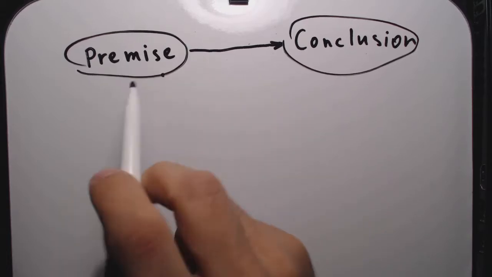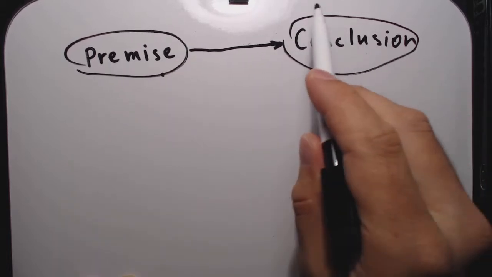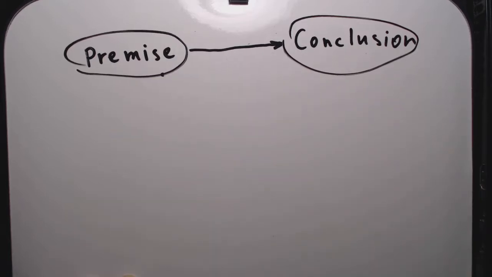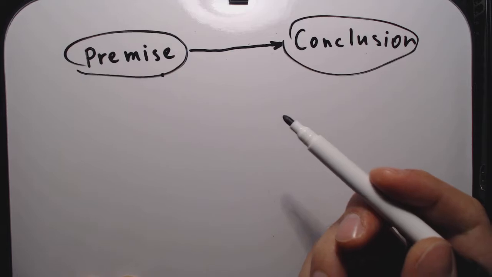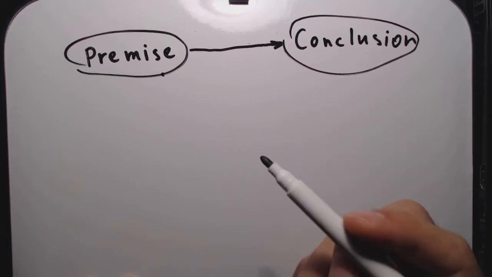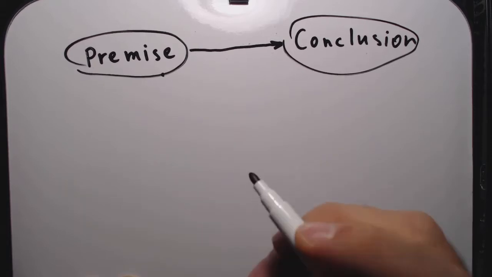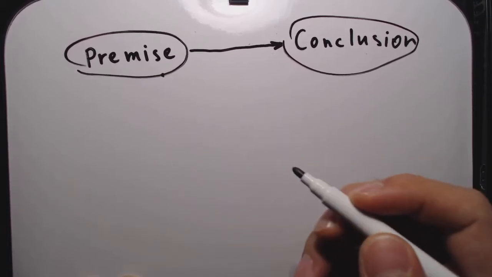We have certain premises and we base the whole argument on them. Usually it works well with examples. So let's consider one example. It's a very basic example. I found it online.